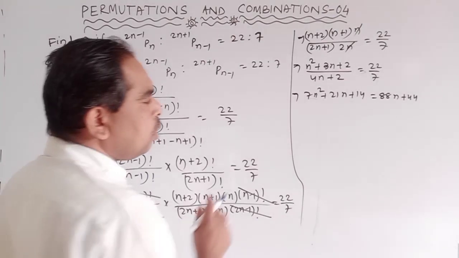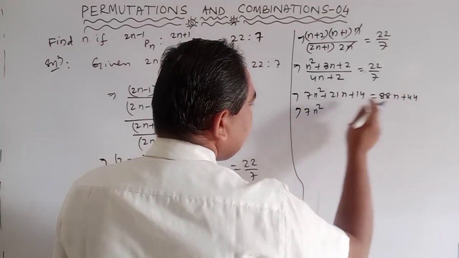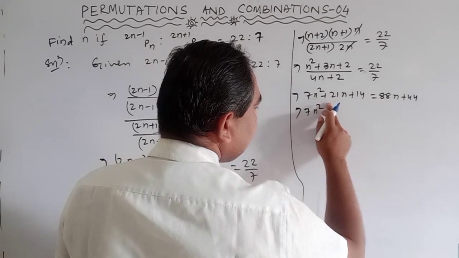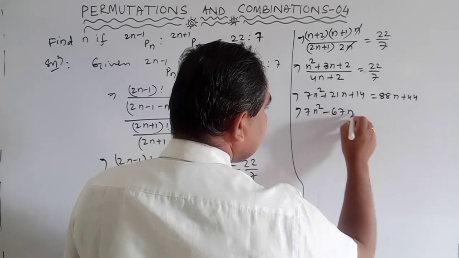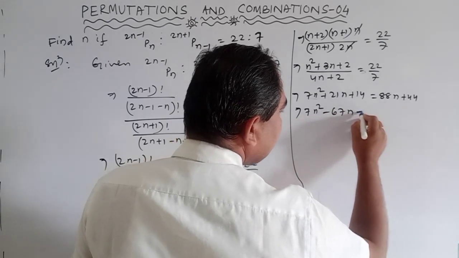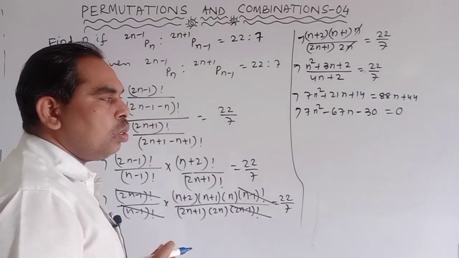Taking one side, 7n square minus 67n minus 30 is equal to 0.